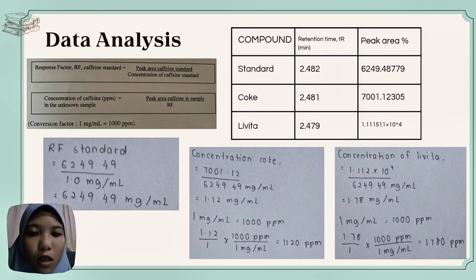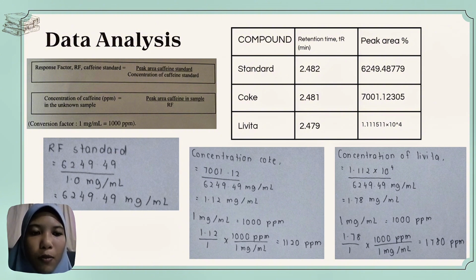From this result, we can use the formula of response factor, RF caffeine standard, equal to peak area of caffeine standard over concentration of caffeine standard, and we got 6249.49 milligram per milliliter for the response factor of the standard. For the second formula, we use it to calculate the concentration of Coke first.